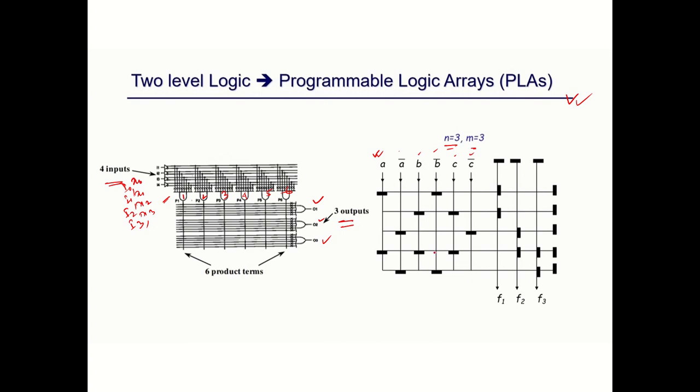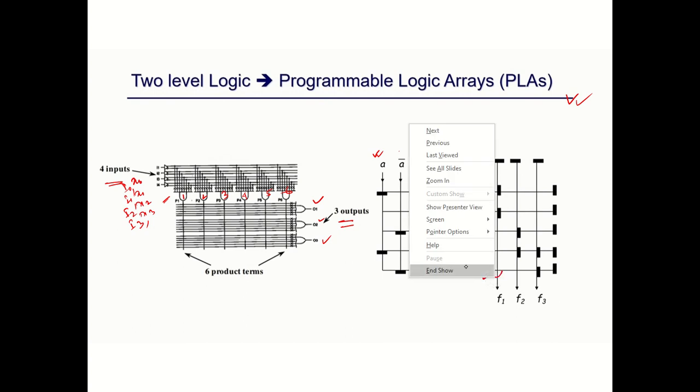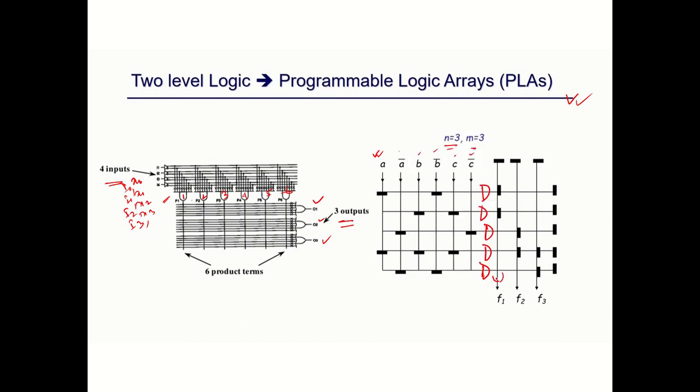With all these inputs, different AND gates are defined, and here the OR gate is defined. From here you can check, this is the first function, the second function, and the third function. It's very simple.